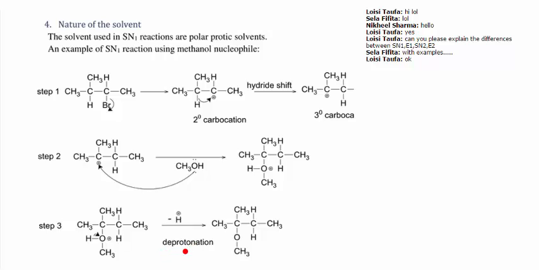Protonation means addition of hydrogen. Deprotonation is removal of a hydrogen. So a proton is just a hydrogen ion, a H+. So deprotonation is a removal of the H+ ion. So what happens is, in order to gain stability, this hydrogen is going to leave, leaving the bonding electrons to the oxygen atom.